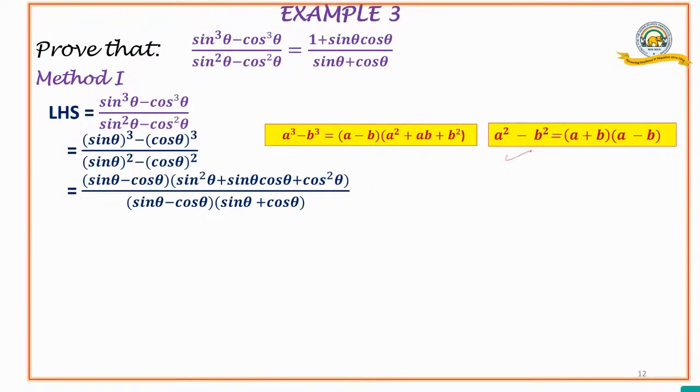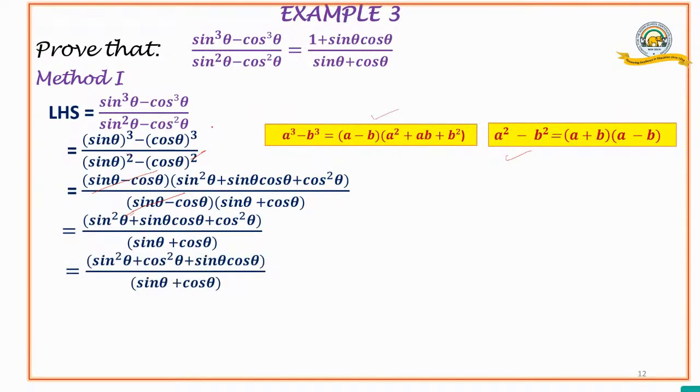The first one we are using this, the second one we are using this. Now let us see what we are getting here. Sine theta minus cos theta is cancelling off. So here we are left with sine square theta plus sine theta cos theta plus cos square theta divided by sine theta plus cos theta.